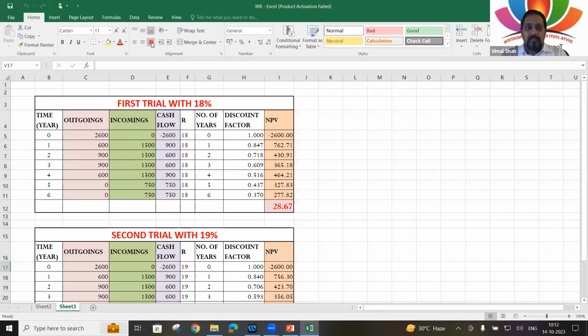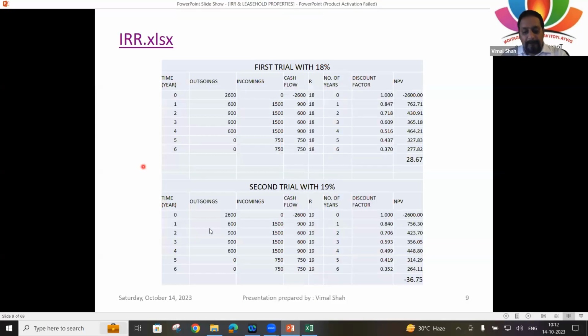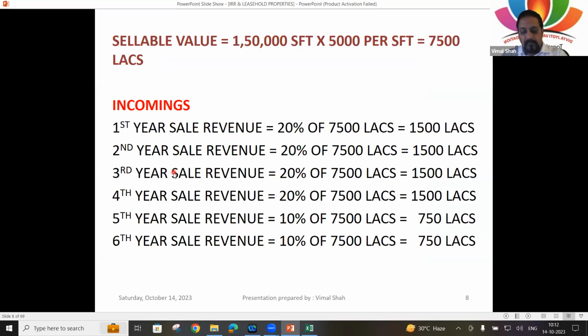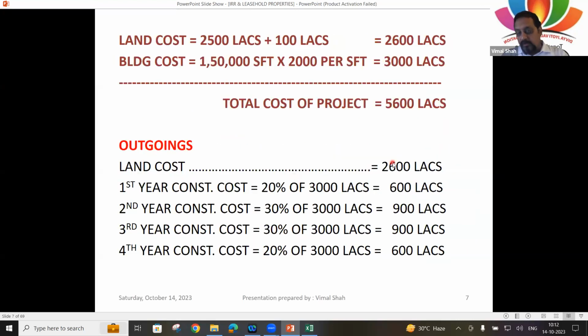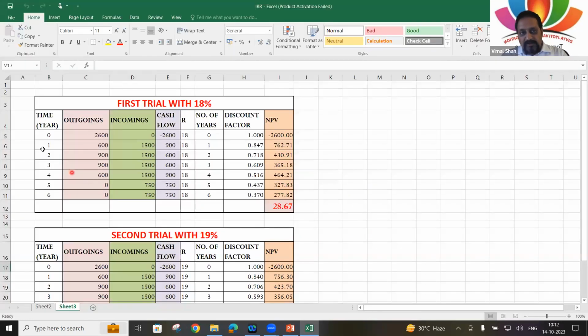So this is the cash flow. The outgoings, if you see, were land cost today 2600 lakhs, then 600 lakhs, 900 lakhs, 900 lakhs, 600 lakhs. So that outflow I have put over here. Outgoings at what time interval, that I have put over here.